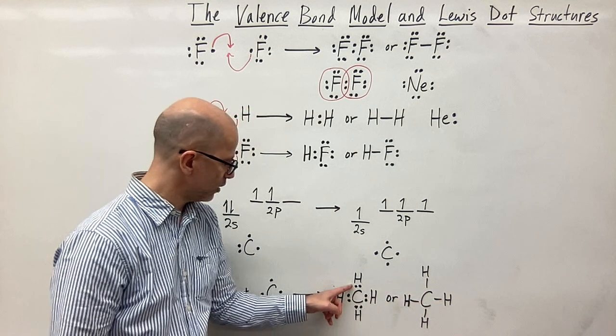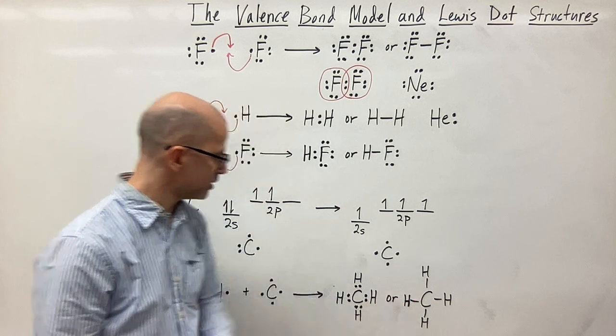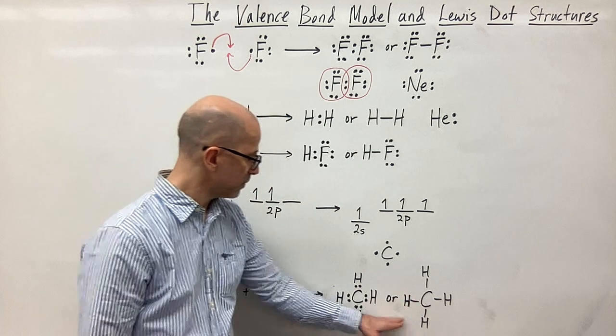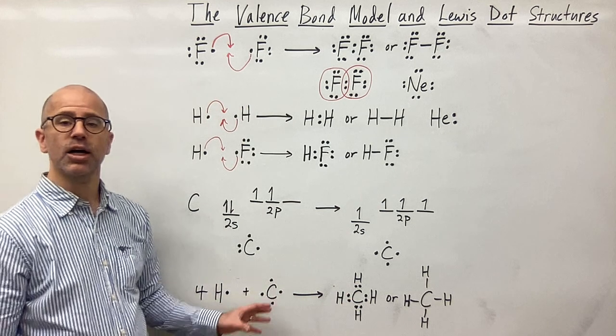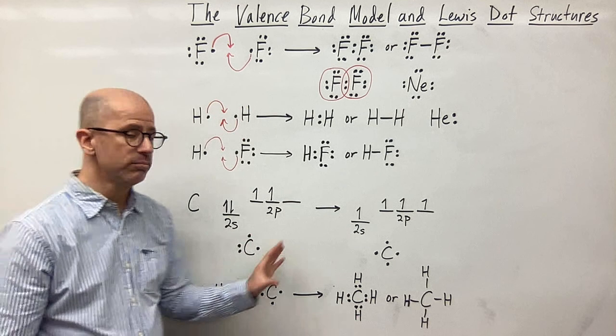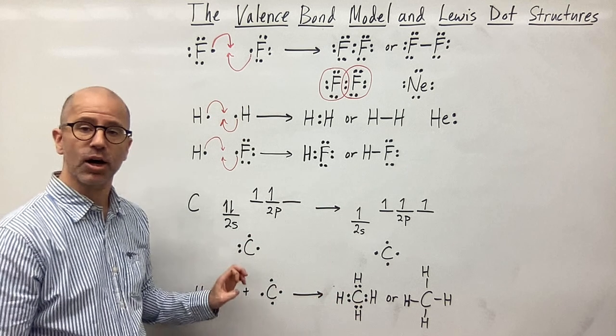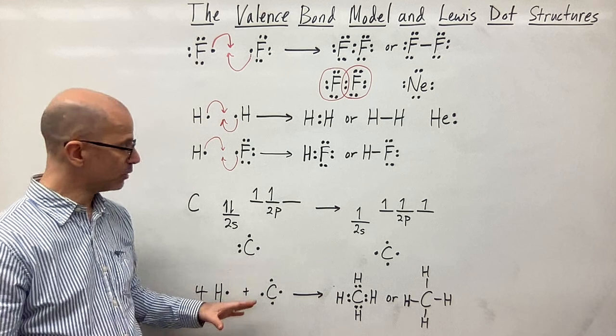So remember, you could either have the dots in between or you can have the lines in between. It's good either way. And so that's how you form the Lewis dot structures of your different compounds based on the number of unpaired electrons that you have to pair up between the atoms.